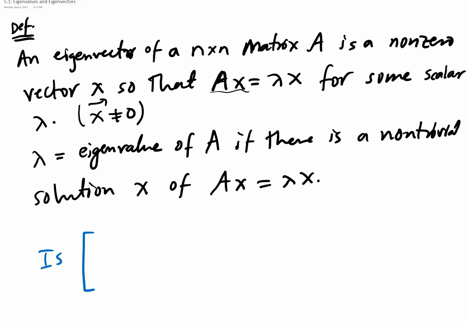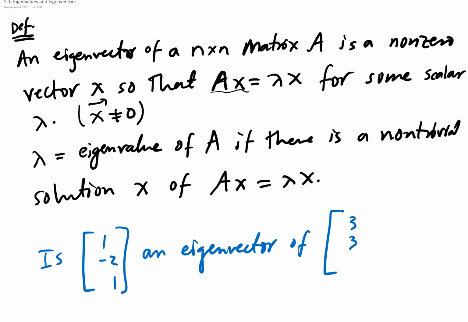Let's look at an easy example. Is this vector 1, negative 2, 1 an eigenvector of the matrix 3, 3, 5, 6, 3, 6, 7, 7, 5? So they're not asking you to find the eigenvector.